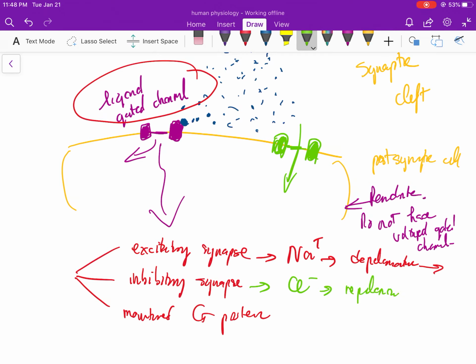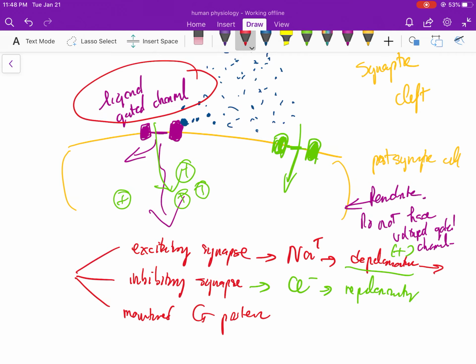And we want to recall that depolarization means that we make the voltage inside the cell become more positive. That's why when Na plus rushes inside the cell, it brings more positive charge into the cell and makes it more positive. That's why we have depolarization.